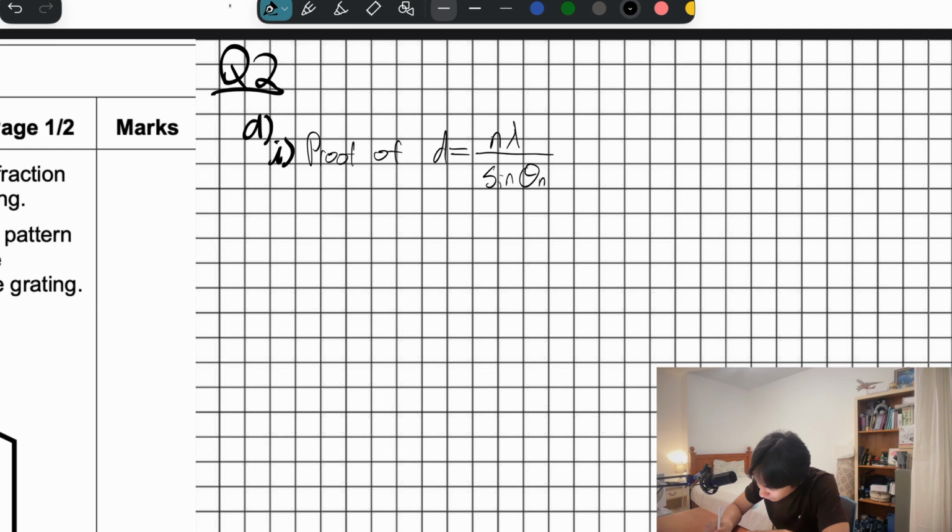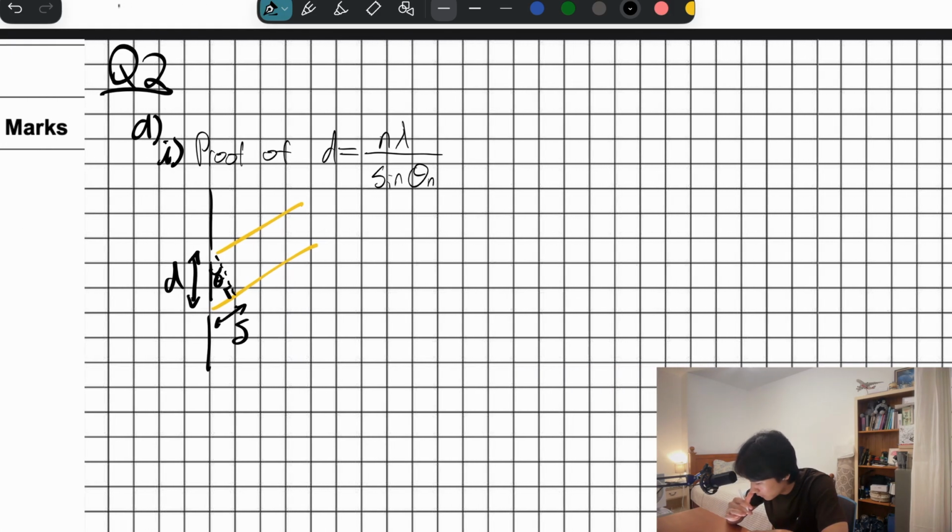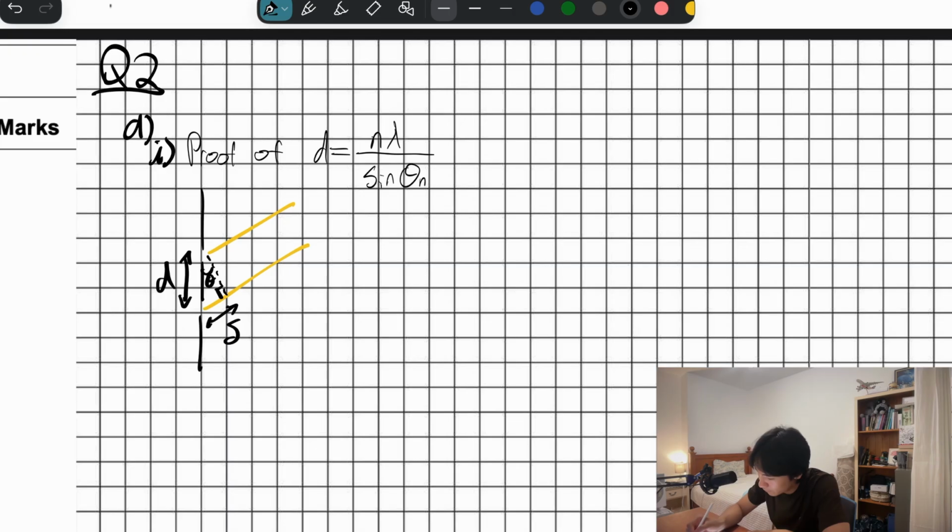Assume that this is a grating, and then assume that there are maybe two rays coming out of it. Call this distance, not t, but delta. Call this distance t, and we know that this is theta.